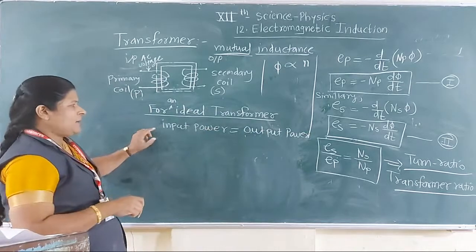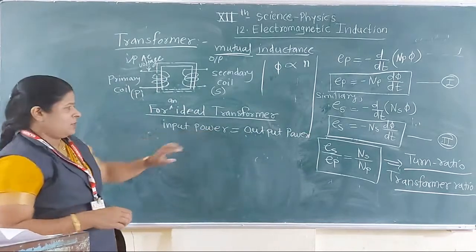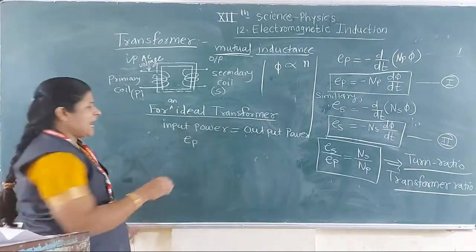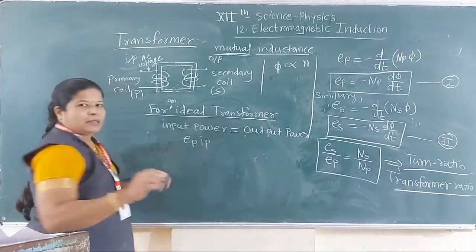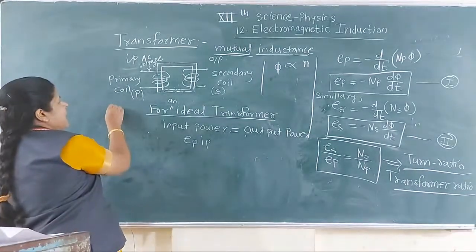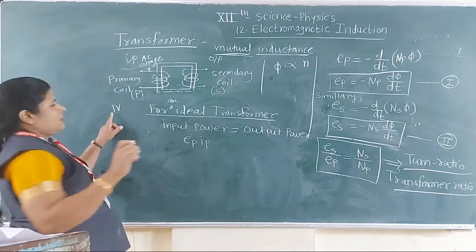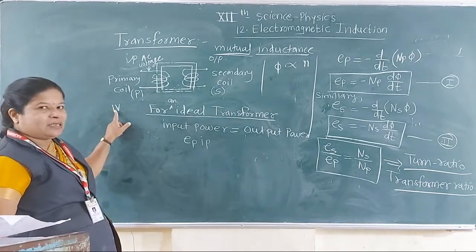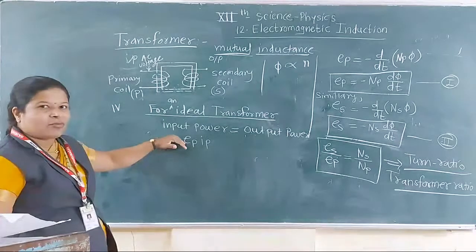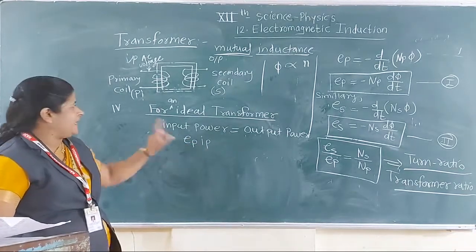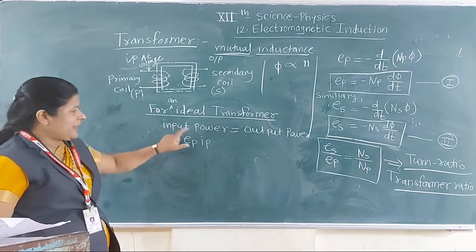So we know that for power, the equation is EP into IP, that means I into E. I is the current flowing and E is the voltage, which we call the electromotive force, that means EMF. EMF E into I, the same equation we get for power.